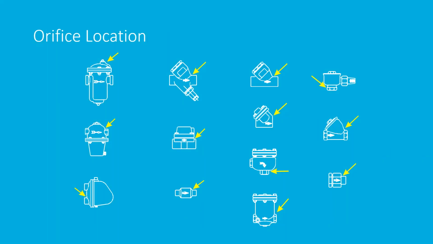So like I said before, we want to make sure that we make contact on the outlet or the discharge side of the trap. So regardless of the type of trap, we always want to make physical contact on the outlet or the discharge side of the trap. This slide here shows where the discharge orifice is on some of these different types of traps.